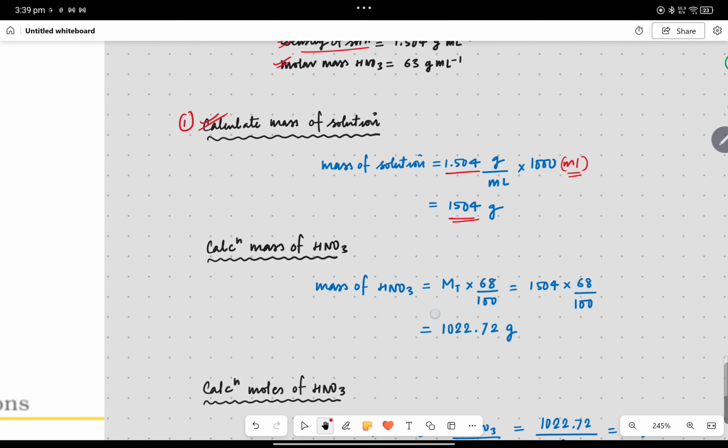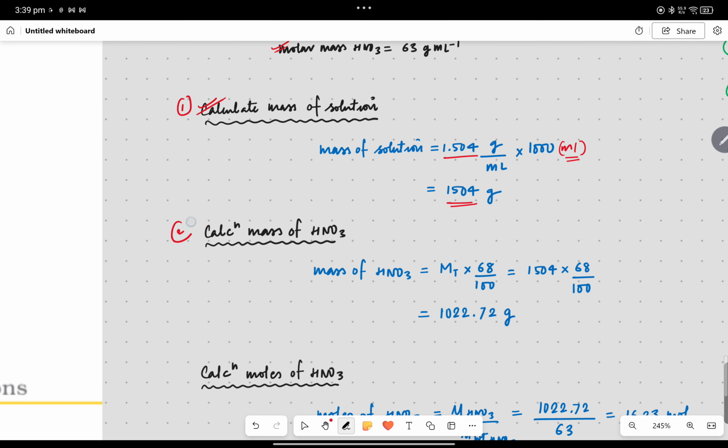Now what you have to calculate is the mass of HNO3 that is present in the 1 liter solution. You have the total mass, and you have the mass by mass percent, right? So you just multiply it with the total mass, and you will get the mass of HNO3, that is 1022.72 gram, right?